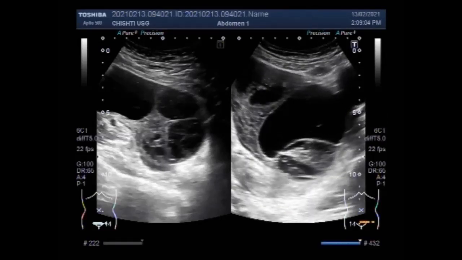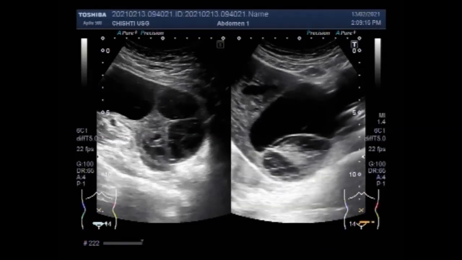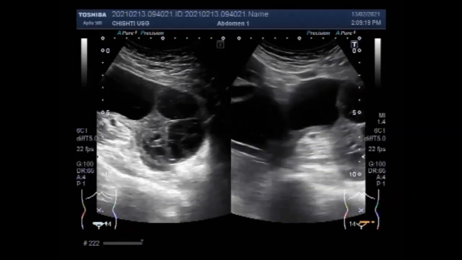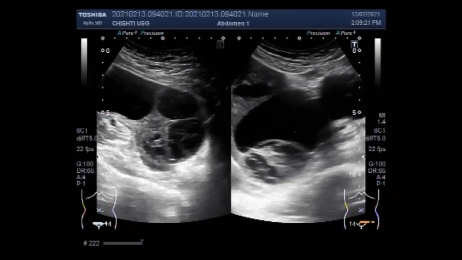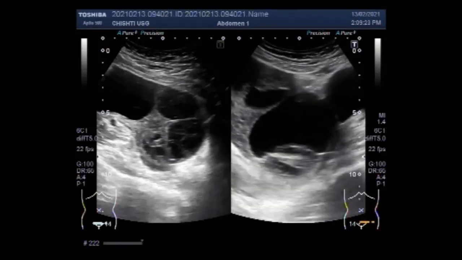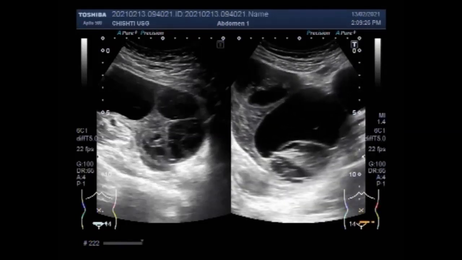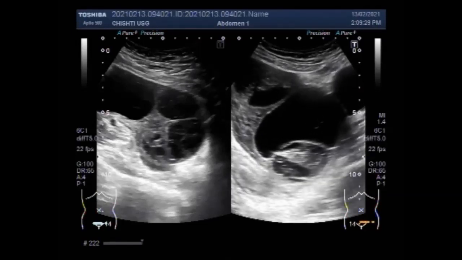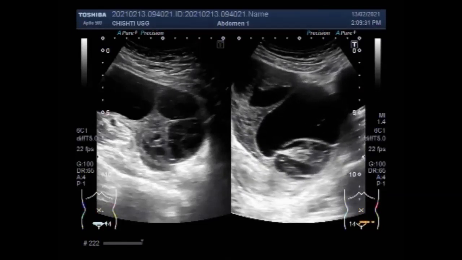Now, there are hemorrhagic ovarian cysts also. As you can see in this case, these are the multiple left ovarian cysts. The right ovary also shows multiple cysts. A hemorrhagic ovarian cyst is an adnexal mass formed because of bleeding into a follicular or corpus luteal cyst.